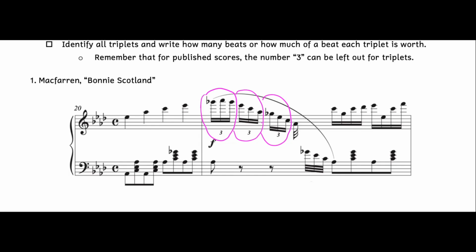So now we need to figure out how much the triplet is worth. So if a quarter note is equal to 1, then 2 eighth notes are the division, meaning that 3 eighth notes as a triplet is also equal to 1. So 3 16th notes would be equal to half of that. So each one of these is going to be worth half.